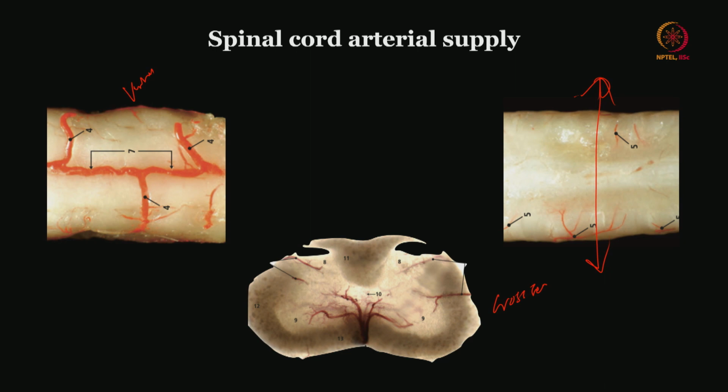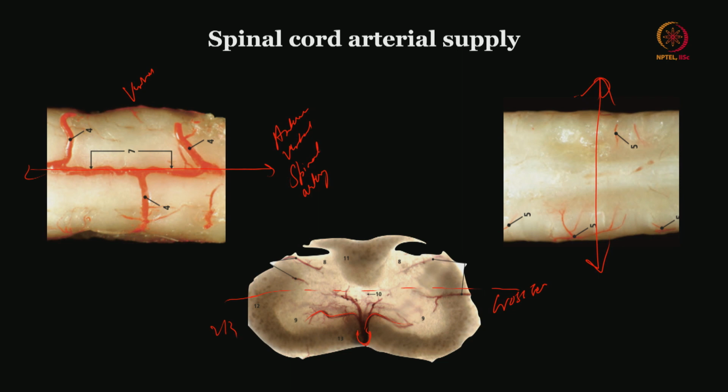When it is ventral, there is a midline artery known as the anterior or ventral spinal artery. That is a major vessel which comes in the center. You can see it here in the cross section, which supplies the majority of the spinal cord. The anterior two-thirds of it is supplied by the anterior spinal artery.